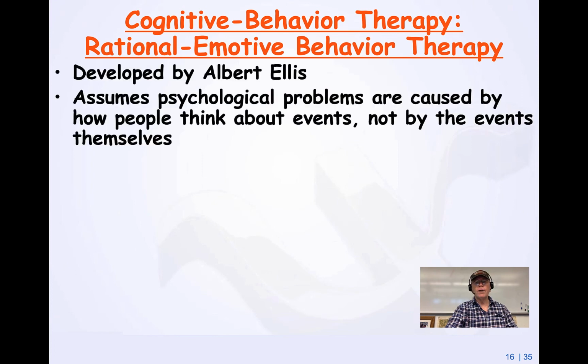It was devised by a guy named Albert Ellis, and he believes that problems are caused by how you think about events, not the events themselves, right? So we're not going to change the environment like we would in a humanistic approach. We're actually going to change your thinking about the environmental trigger or situation, right?